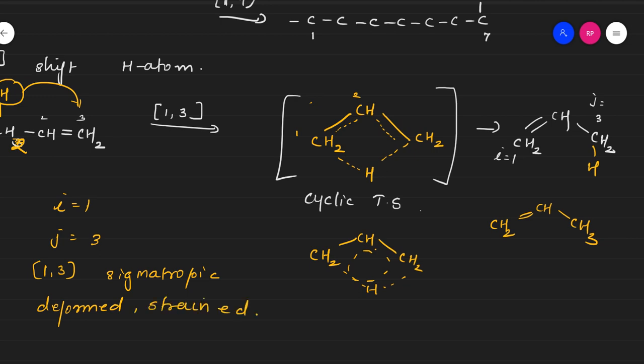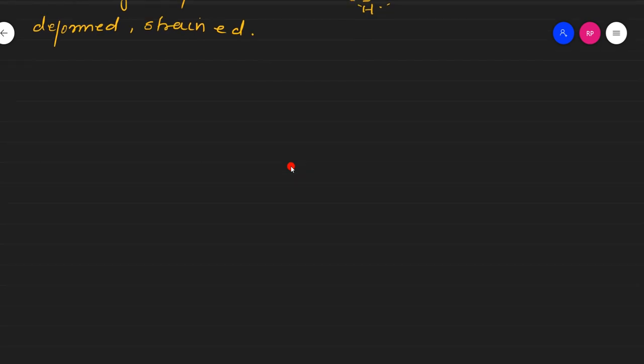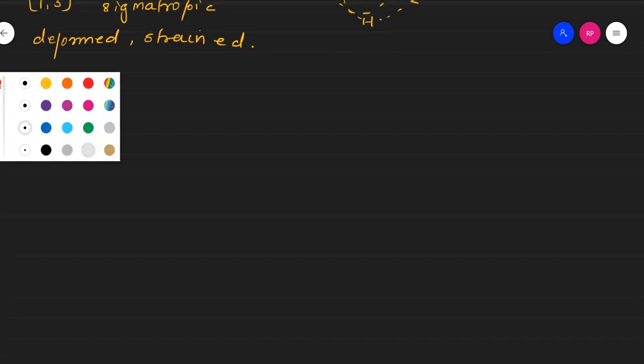Therefore, if you have two possibilities where 1,5 and 1,3 shifts can take place, the shift is always preferred for 1,5. I told you the shift depends upon which transition state is more stable. Let's see an example of a 1,5 shift. I'll first write a normal straight line structure, something like this.